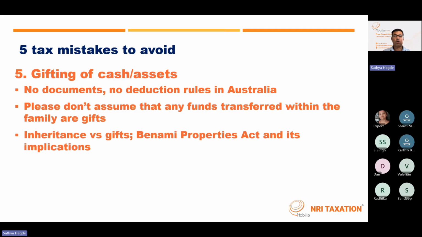The moment you gift your property to your parents, it is taxable in Australia, so you need to pay capital gains tax for the gift which you have made to your parents, even though there is no gift tax, as it is a part of the capital gains tax. So never sell your properties to your parents, then ask the parents to give the money back to you. That is not as per the tax laws in Australia. So that's why the rules are very different from the gifting point of view.